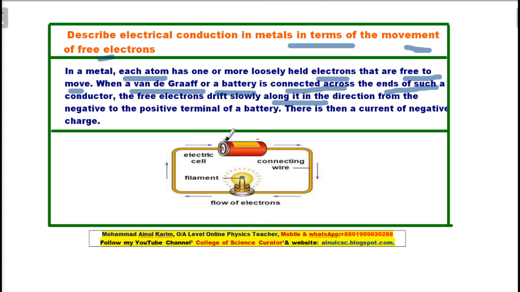In the picture, there is a battery, the positive terminal and the negative terminal. The electrons drift slowly from the negative terminal to the positive terminal. There is then a current of negative charge.